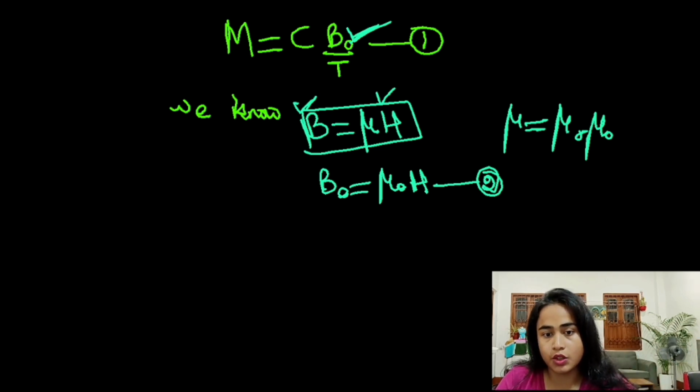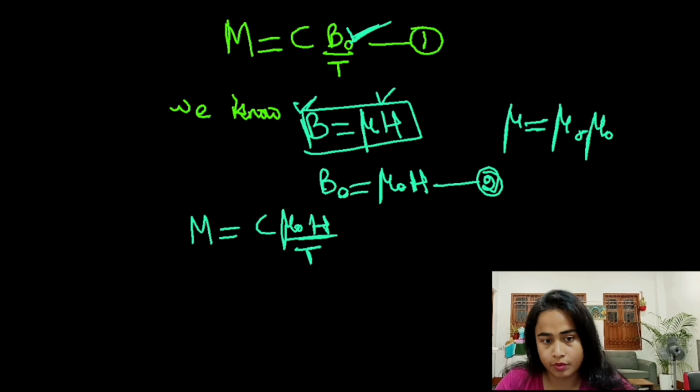Now, using 2 in 1, I can write M as C mu naught H upon T, equation number 3. Alright, I want you to know there's another thing.